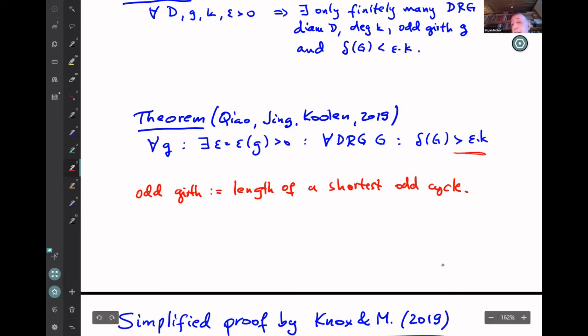And you see you get this separation, which says that the negative spectral gap has a positive fraction of the spectral radius.